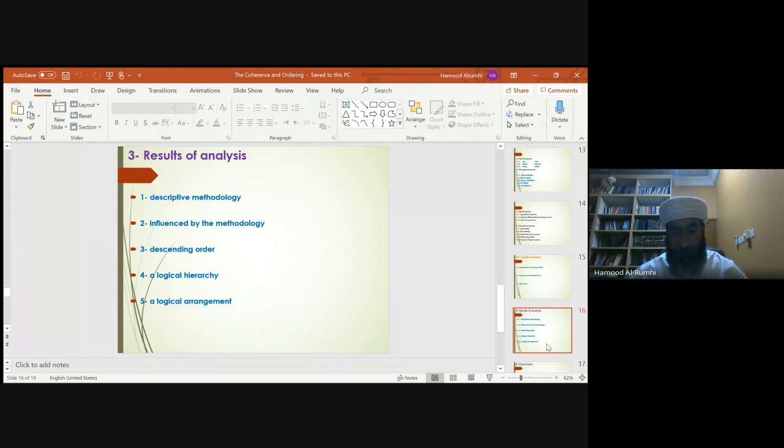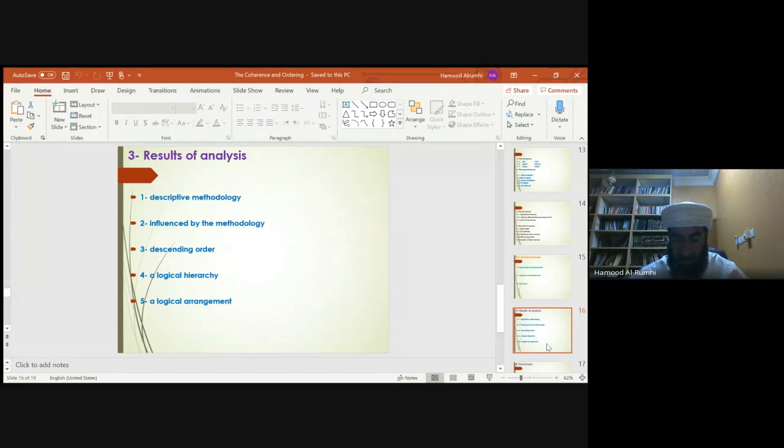For the last part, from the results of this analysis, we can conclude some points that examine the methodology of classical Arabic grammatical treatises in the presentation, coherence and ordering of this topic. First of all, these treatises adopted a general descriptive methodology in their presentation of phonetic studies.